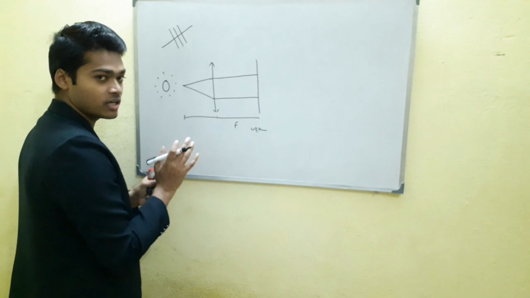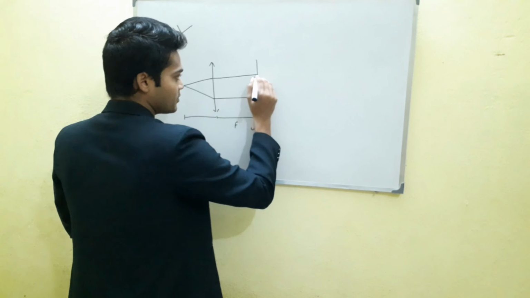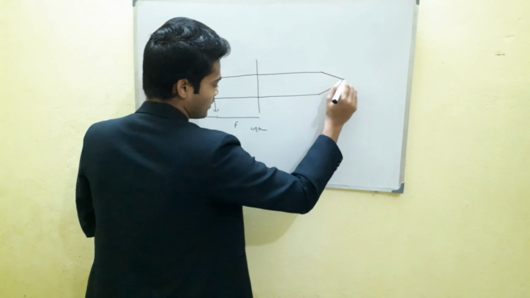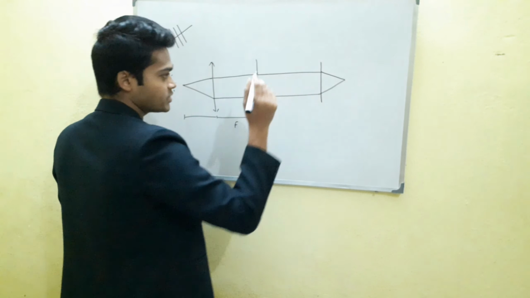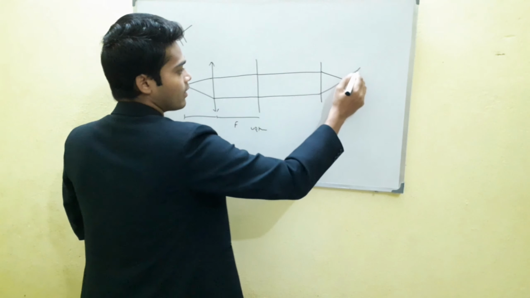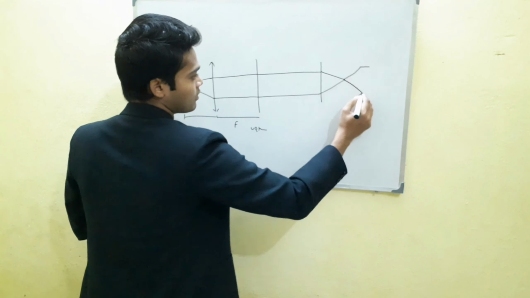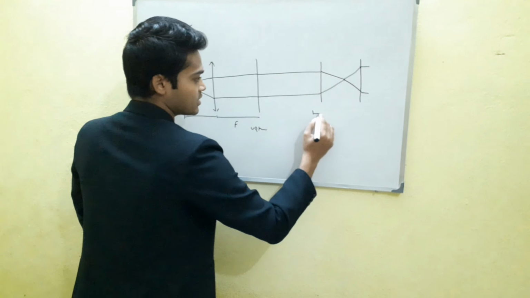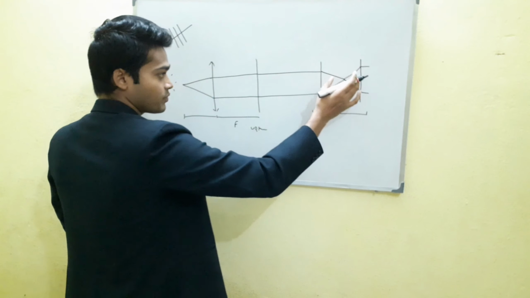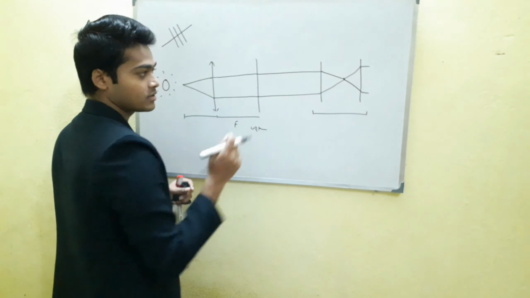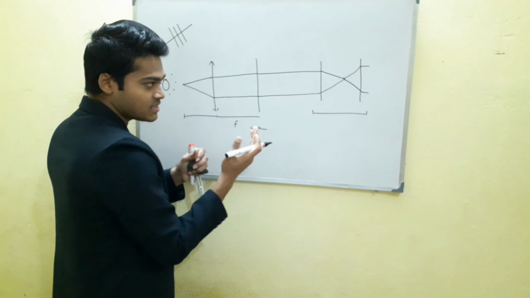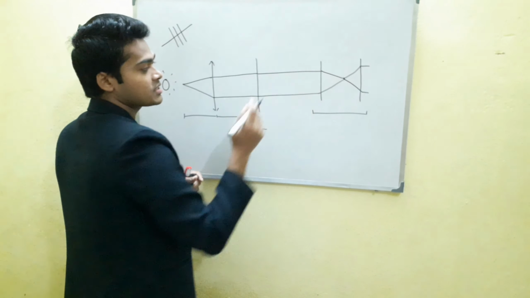I think up to this everybody is clear. Now, as light passes through here and meets here, the objective lens is present, and again here the eyepiece is present. These lenses coincide with each other at the focal point, meaning these lenses are situated like a system whose focal points coincide with each other.